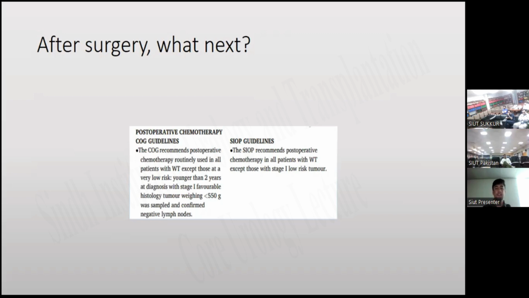In this case, we can omit the adjuvant chemotherapy. Otherwise, COG recommends post-operative chemotherapy in all patients. While the SIOP guidelines recommend post-op chemotherapy also in all patients with Wilms tumor, except those with stage 1 very low risk.